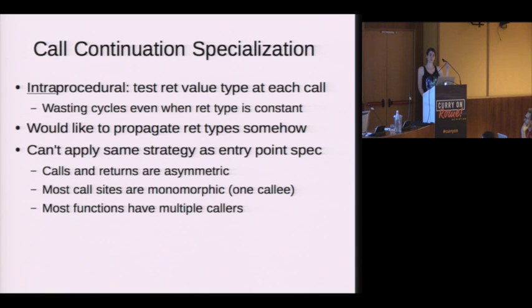Because when you're in a caller and you know which function you're calling, you can jump directly to the specialized function entry point. But when you're in a callee function and you want to pass the information back to the caller, that one return point in a function could jump back to several callers. So you would need some dynamic dispatch to presumably pass the return variable type. So how do you deal with this?